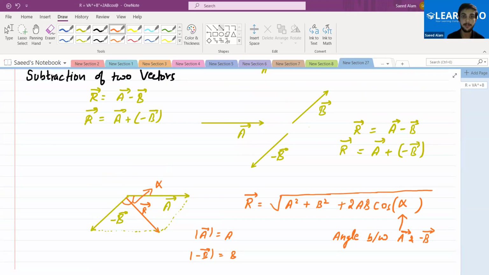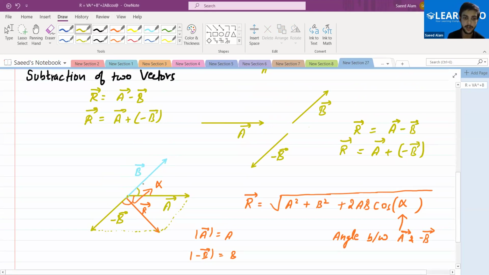So if minus B looks like this, do you agree that plus B, let me draw it with a different color, will look somewhat like this but in this direction with the same magnitude? Yes or no? What did we use to represent theta for?